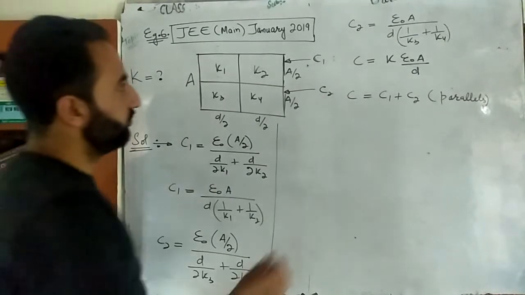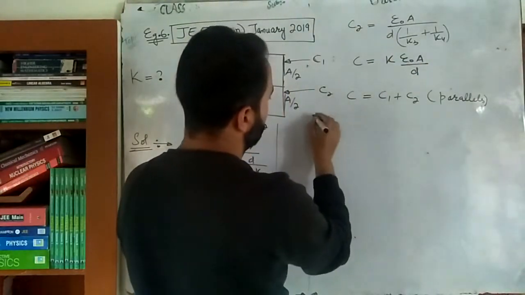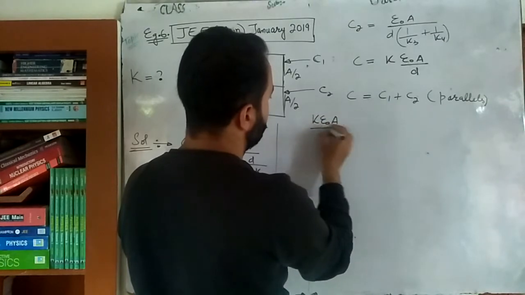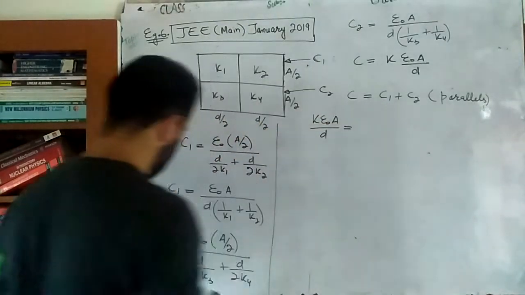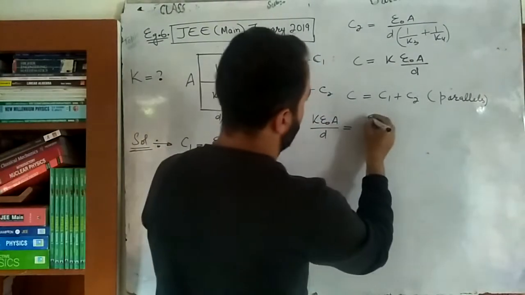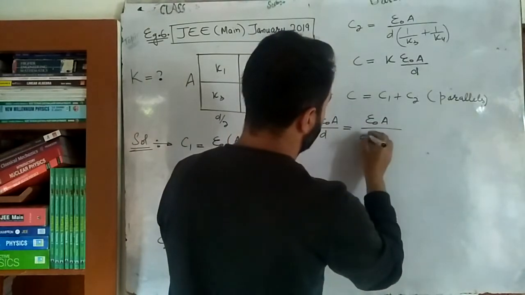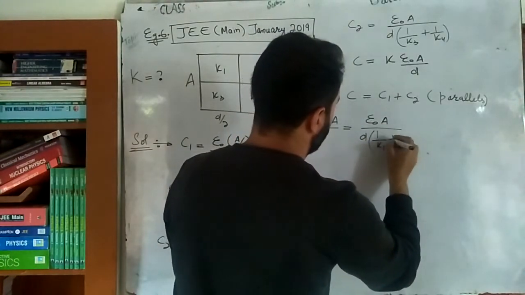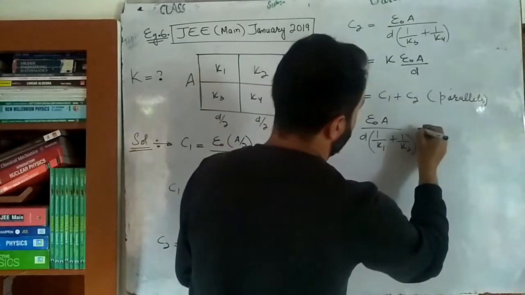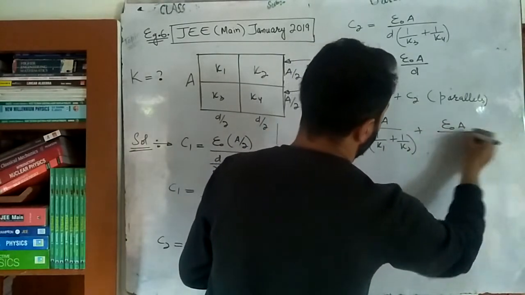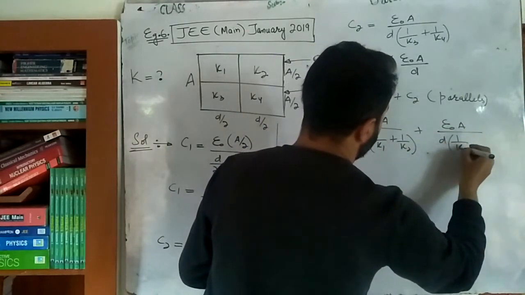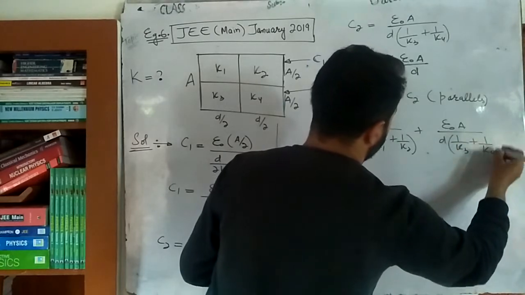So substitute the values. This K epsilon naught A divided by D is equal to C1. How much is C1? That is epsilon naught A divided by D into 1 by K1 plus 1 by K2, plus epsilon naught A divided by D into 1 by K3 plus 1 divided by K4.